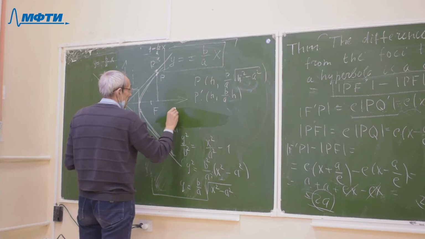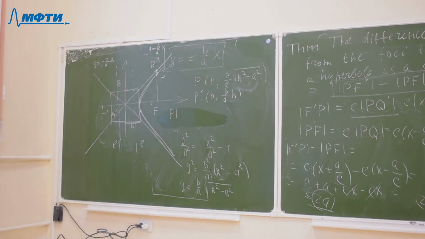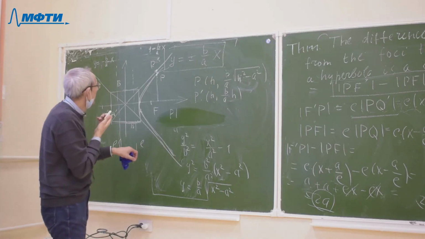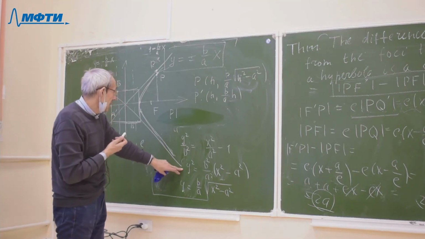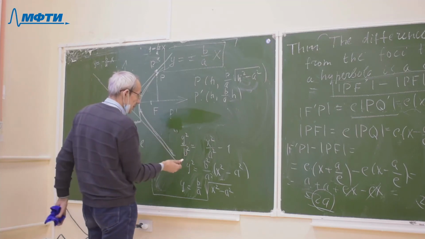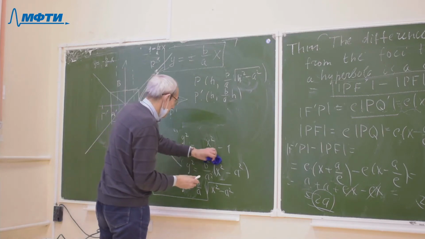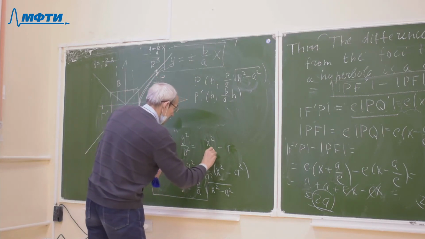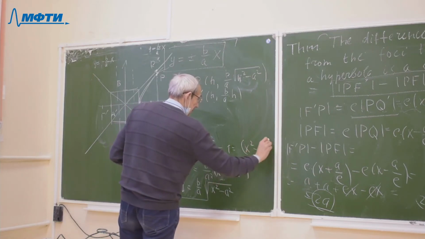And the distance between these 2 points is equal to the difference between the second coordinates. Namely, sorry, yes? Shouldn't it be b squared, y squared is equal to b squared over a squared times x squared minus b squared, not a squared? Yes. Maybe repeat our calculation. Maybe x square minus a square.